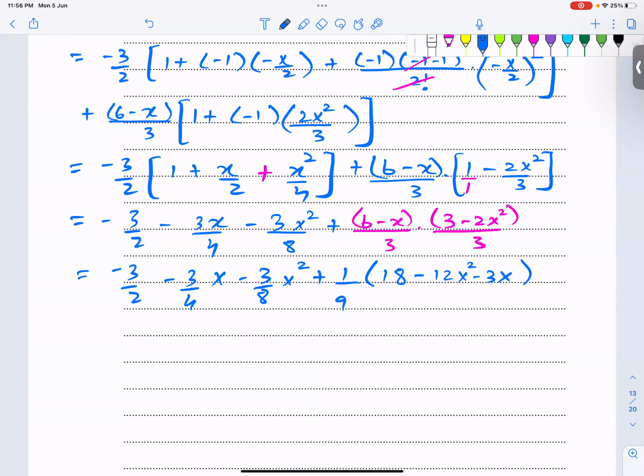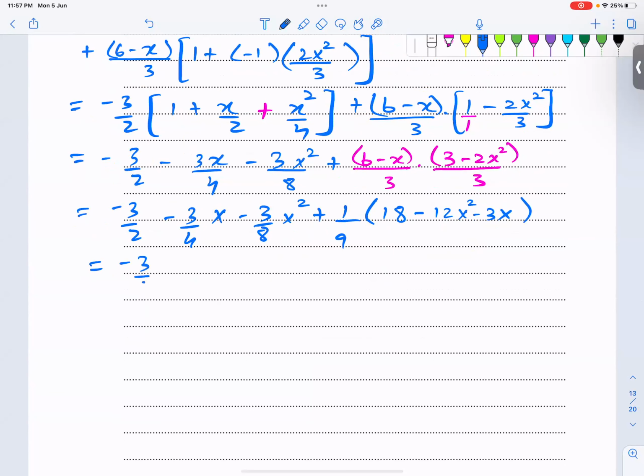Next, if you write it again, multiply 1 over 9 inside, this will give you 2 minus 4 over 3x square minus x over 3. Now you will add all the similar terms. First, you will add the constant, okay? You will add minus 3 by 2 into to get 1 over 2, okay? So my answer is 1 over 2.